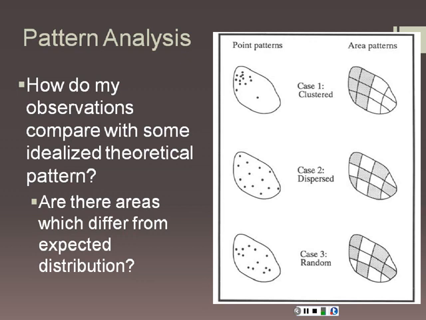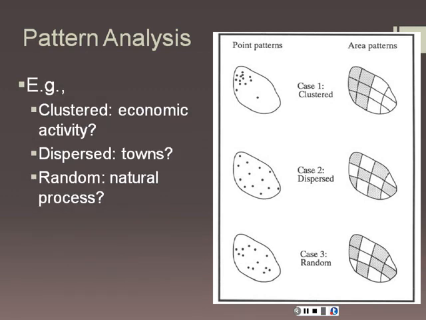So you're either saying, I expect this phenomenon to be random, does it actually match a random distribution, random spatial patterns? Or you could be saying, how much does my pattern actually differ from random? So you could say, I expect it to be clustered, is it, right? Or you could say, assuming this is random, does it match random? You can approach it from two different directions.